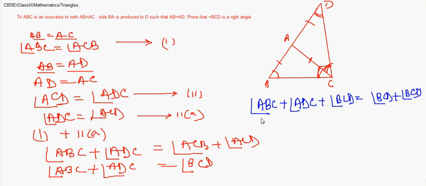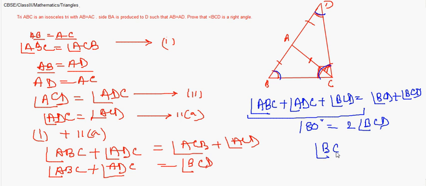So this, if you see, is ABC, ADC and BCD. This is the sum of the angles of a triangle, which makes 180 degrees, and this side it becomes twice angle BCD. So angle BCD becomes 180 by 2, that is 90. This is what we were supposed to prove. Angle BCD is a right angle. Hope you followed it well. Thank you.